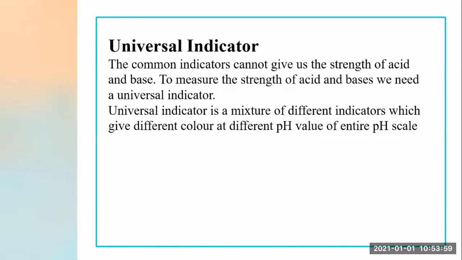And when we match the color, we can say what the strength of the acidic or basic nature of that substance is. So the color which we obtain with the universal indicator, we can evaluate with the help of the pH scale. So we will now see what the pH scale is.